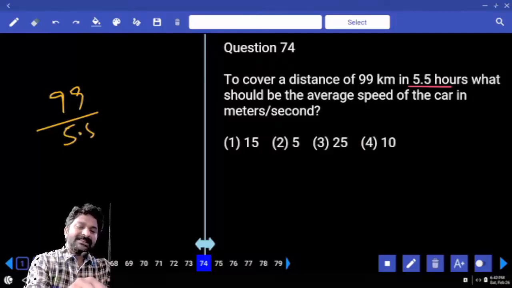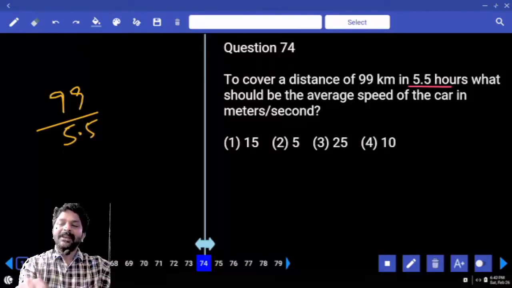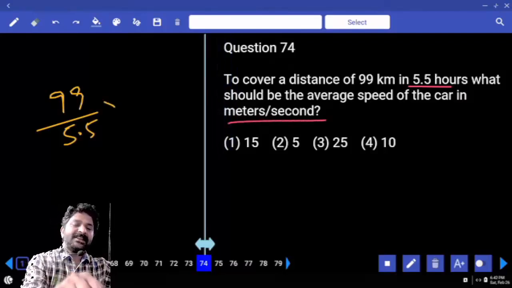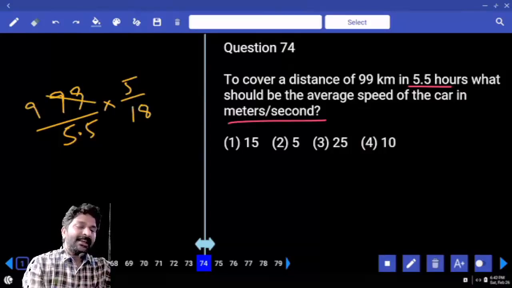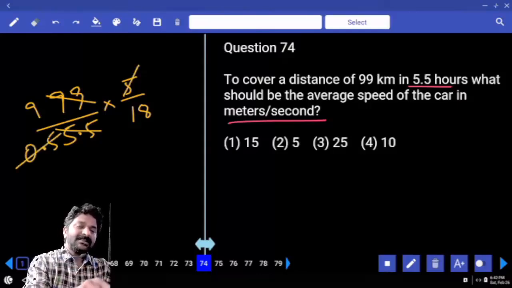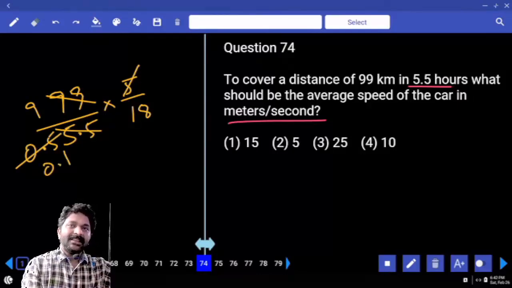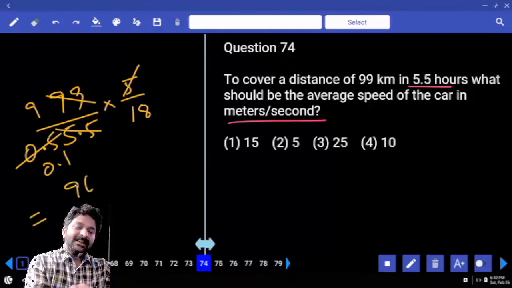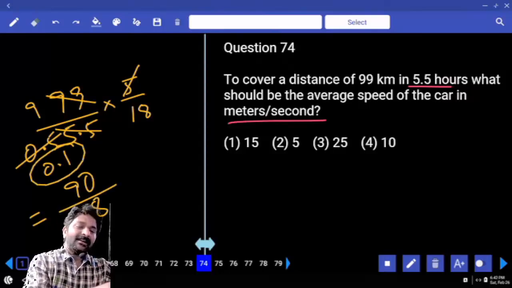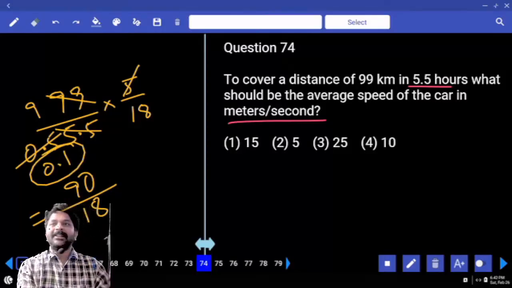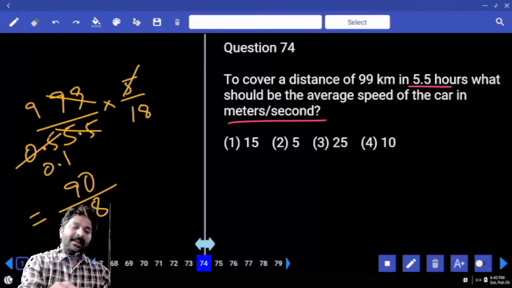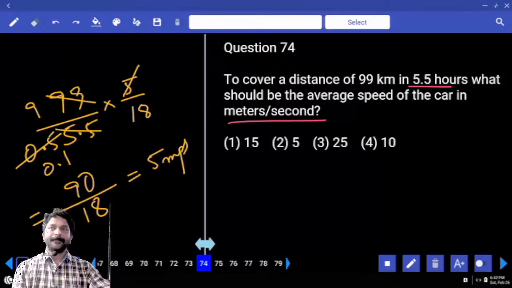This is kilometer per hour, but we need to convert into meter per second. That is into 5 by 18. Can I write it as 90 by 1 into 18? To remove the decimal, I am multiplying the numerator and denominator by 10. Okay? 90 by 18, so what is the answer? 5 meter per second.